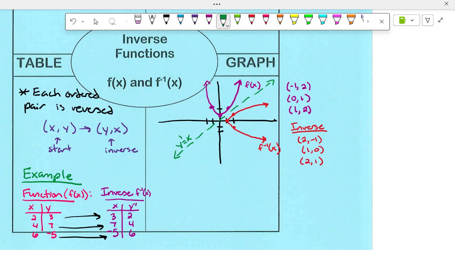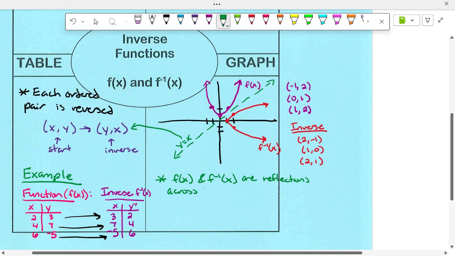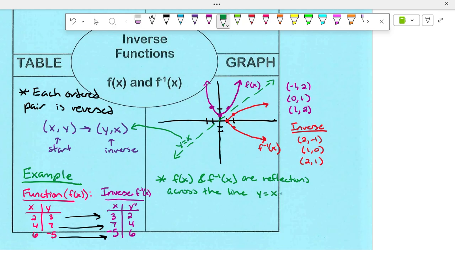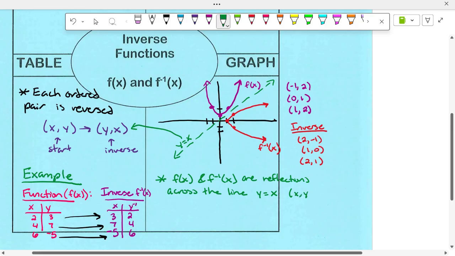Because remember, the rule for y equals x is literally this. You start with xy, you change it to yx. So we'll make a note that f of x and f -1 of x are reflections across the line y equals x. And just to recap, you start with xy, it becomes yx.